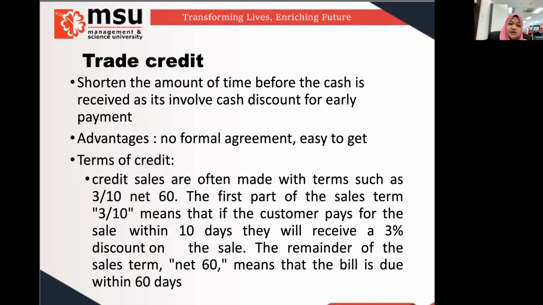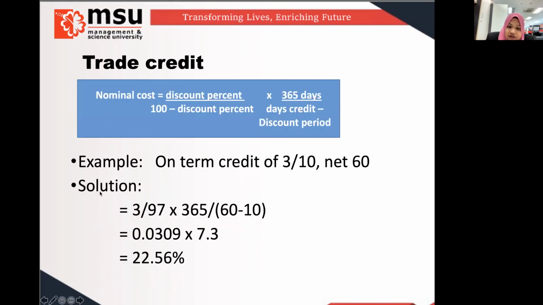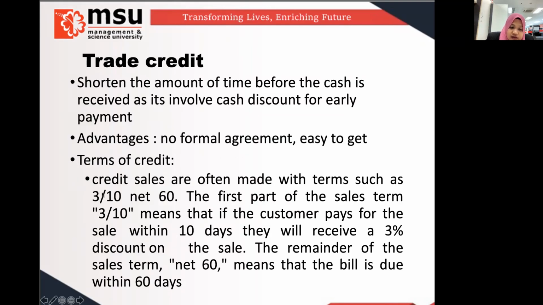For example, the trade credit is 3/10 net 30. So what does that mean? It means you will get the 3% discount if you are able to pay during 10 days. The credit period is 60 days.